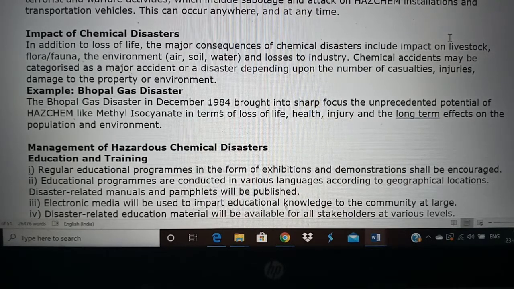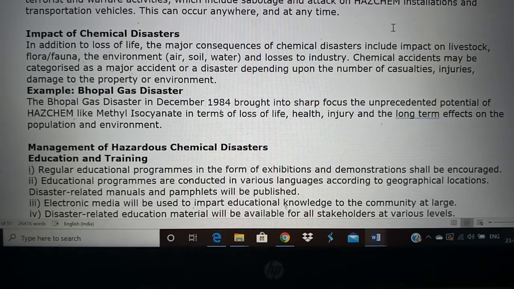The gas was methyl isocyanate, which is like cyanide, and it was leaking in the city. Many people died, and they had serious health problems for a long time. Even today, if you go to that city, you will find that those who were affected, their children get cancer. These are serious problems which can happen when you are exposed to such chemicals.